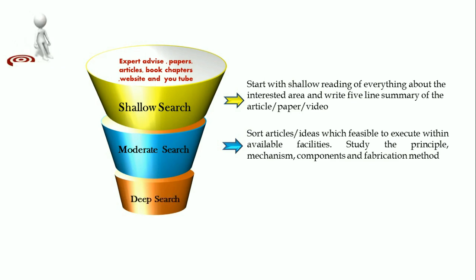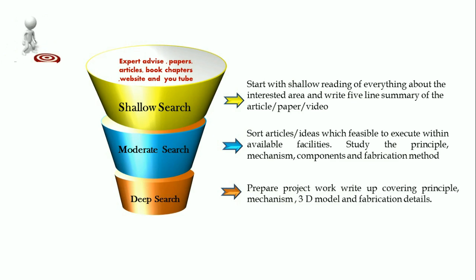The last search is the deep search. Here you have to shortlist three ideas or three projects from the moderate search and prepare a project report based on your moderate search.